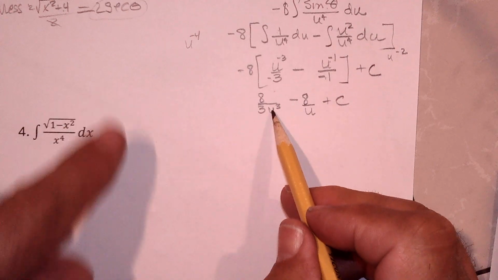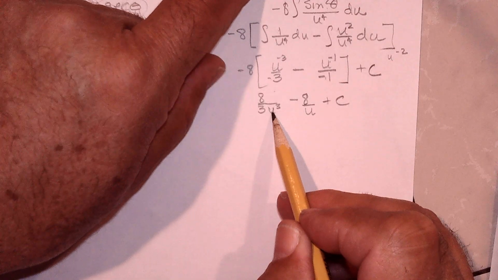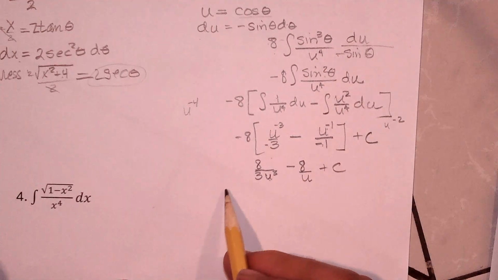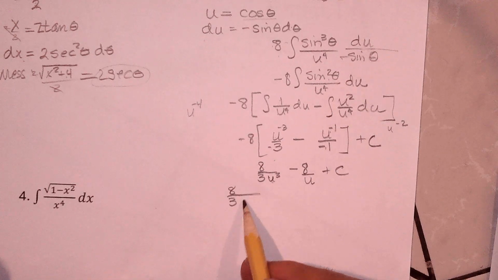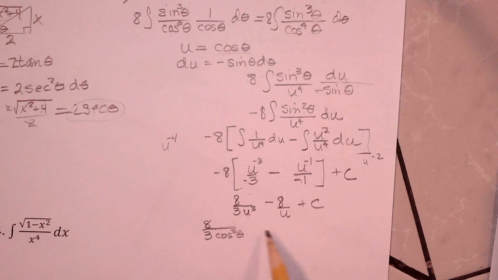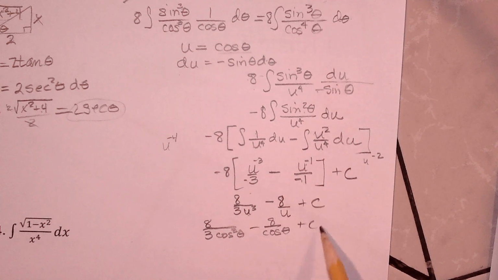So u was cosine theta from up here. So this is 8 over 3 cosine cubed theta minus 8 over cosine theta plus c.